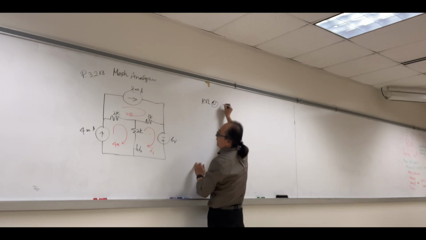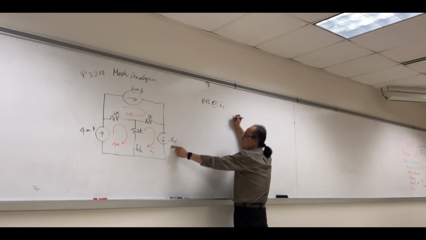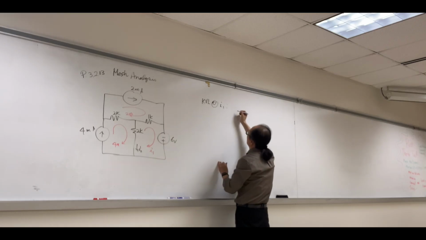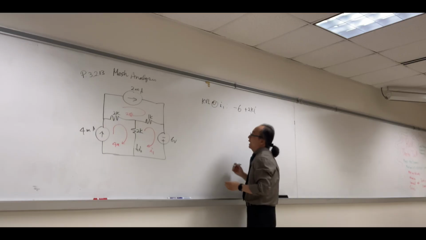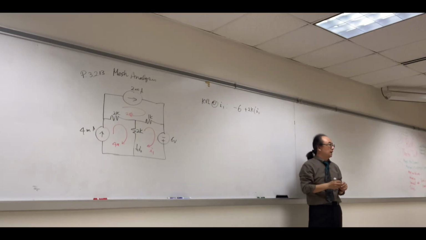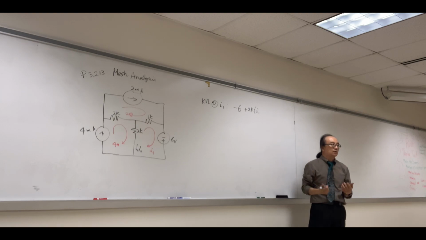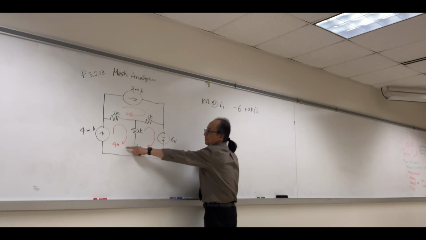KVL at I sub 1, I'm going to start from here, 6 volts. This I sub 1 enters the negative terminal, therefore I'm going to write negative 6 plus 2K I sub 1. We are using I sub 1, therefore I sub 1 has to be positive in KVL using I sub 1. And then the opposite direction is 4 milli.